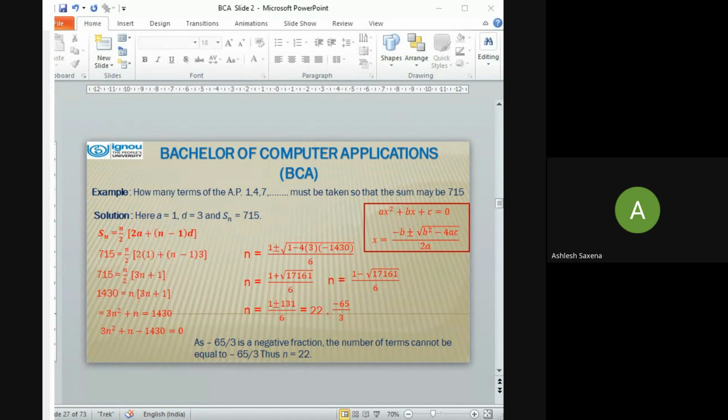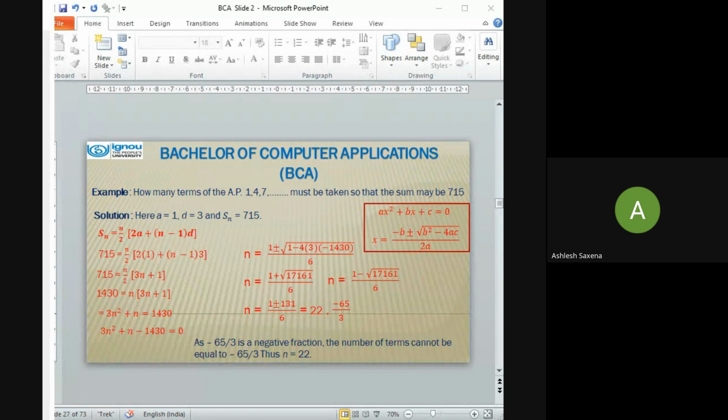This formula is applicable when b square minus 4ac is greater than or equal to 0. If in any case it becomes negative, you cannot solve it right now. Later on, you can solve it, but right now we won't be finding its value.